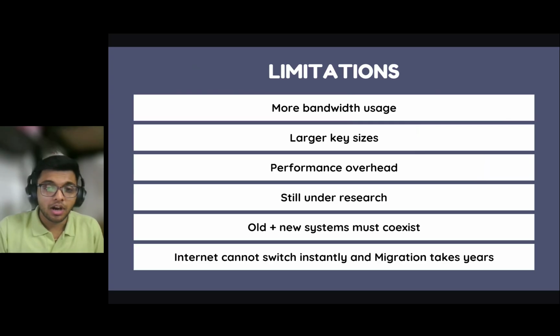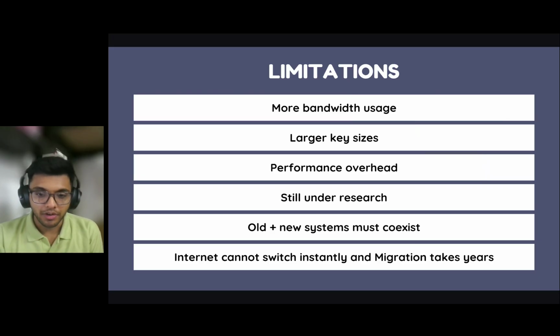Moving on, what are the current limitations, right? There are limitations with regards to how we use our current models, but what are the current limitations with regards to PQC, which we've discussed?